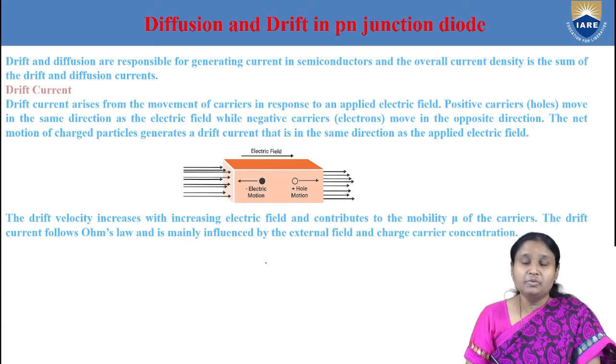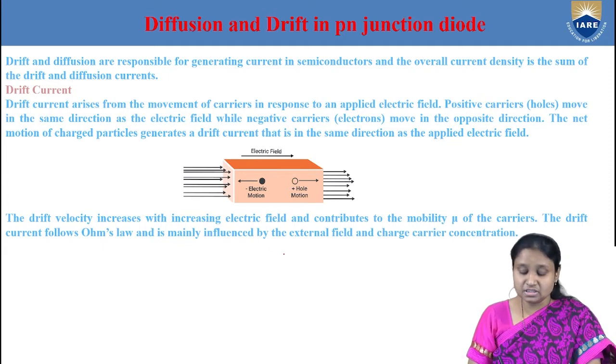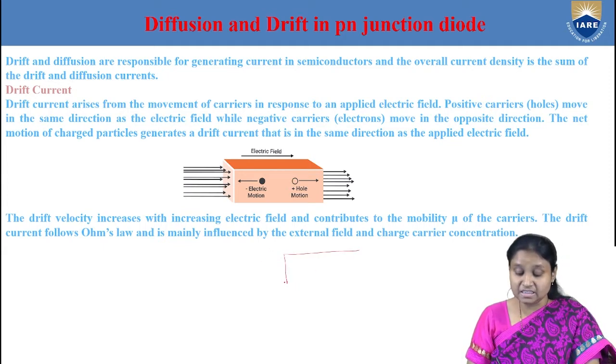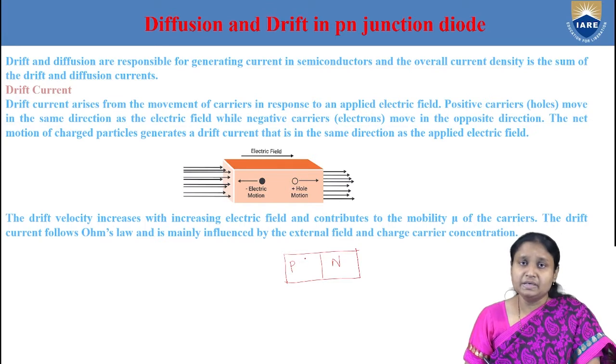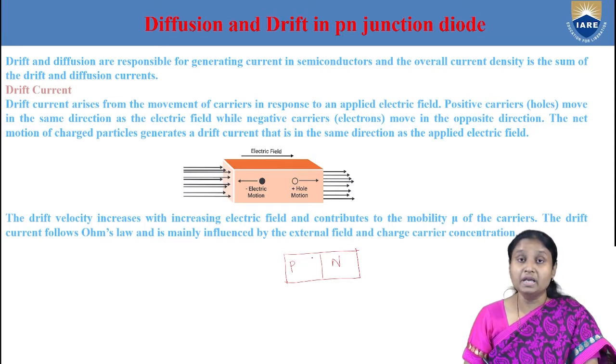Generally, how is this PN junction formed? A PN junction is formed when we combine P-type and N-type semiconductors. P-type semiconductors are extrinsic semiconductors formed by doping trivalent impurities into intrinsic semiconductors.